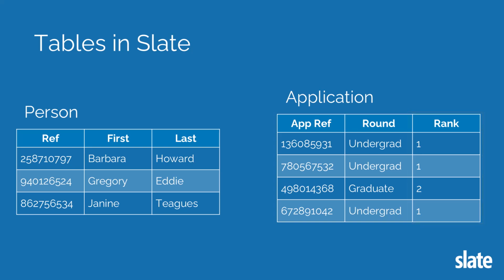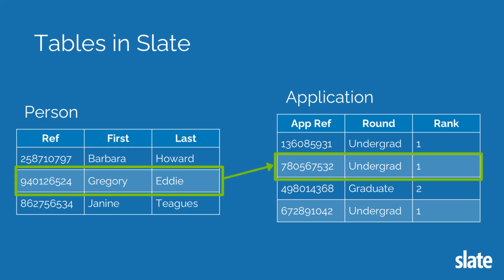Using the same example from earlier, the one-to-many relationship between the person table and the applications table will become a one-to-one relationship if we specify that we would only like to return the data for the rank 1 application. A person can only have one rank 1 application. If we are only concerned with an object of a particular rank, the relationship becomes one-to-one.